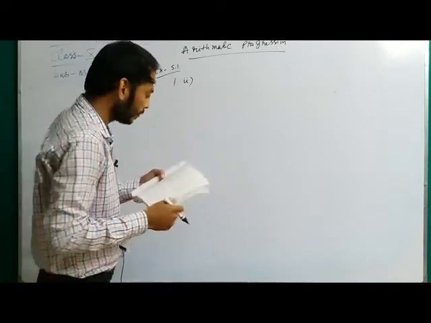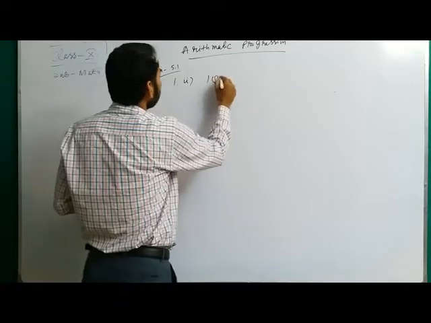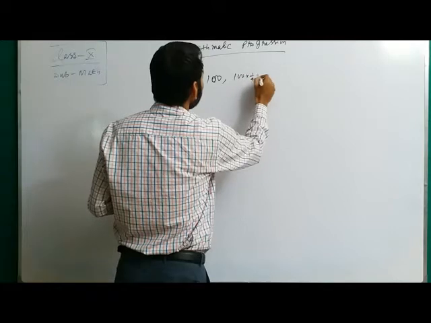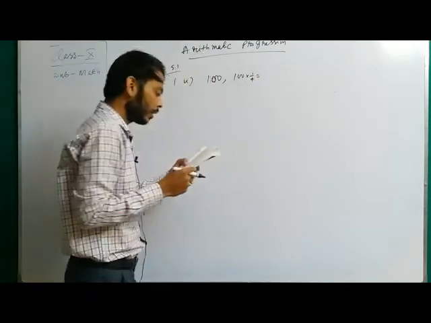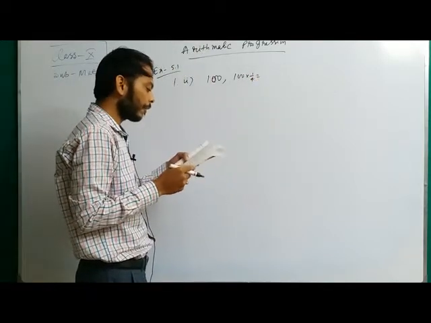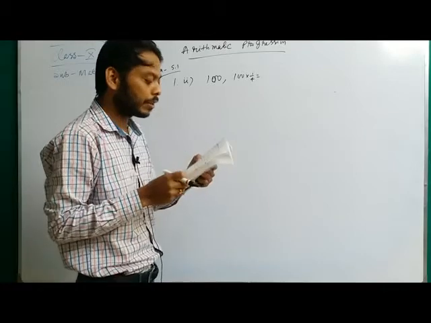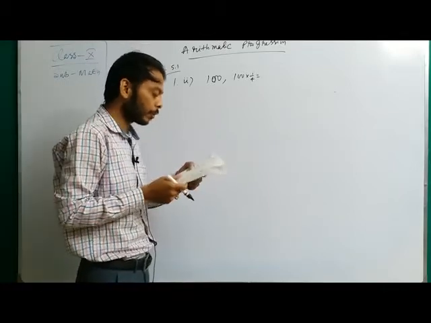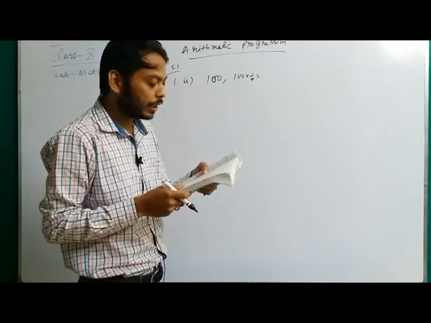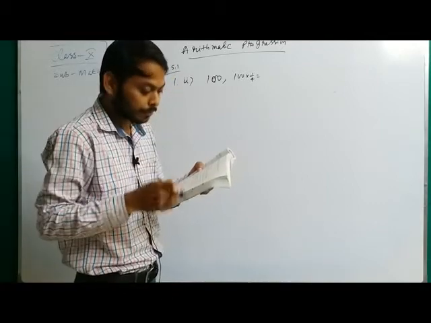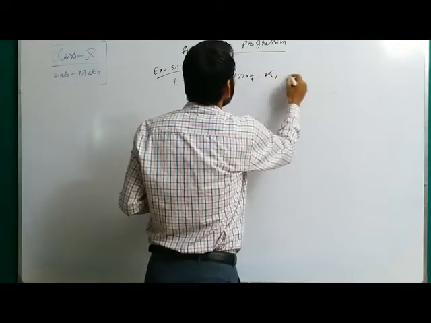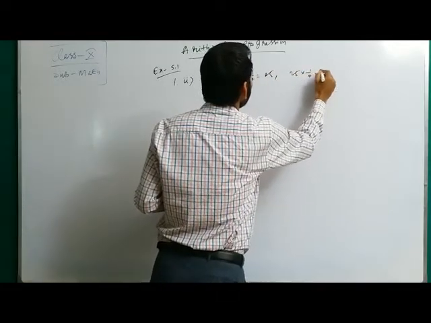Now if we start with 100, then the second term will be 100 into 1/4, because it will remove 1/4. Then 25, then 25 into 1/4, that is 25/4.